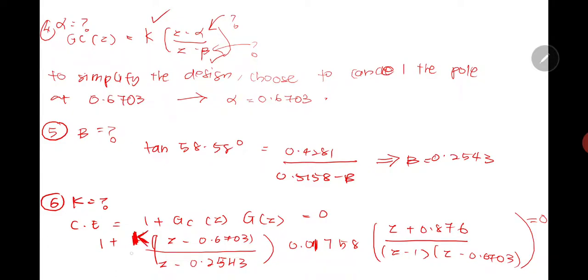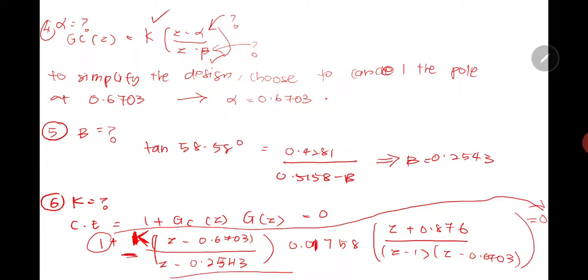In order to get this K, we can rearrange this equation. We can bring this to the other side, and if there is anything that can be cancelled out, we can cancel it out first. For example, this one can be cancelled out. It will make it much easier.